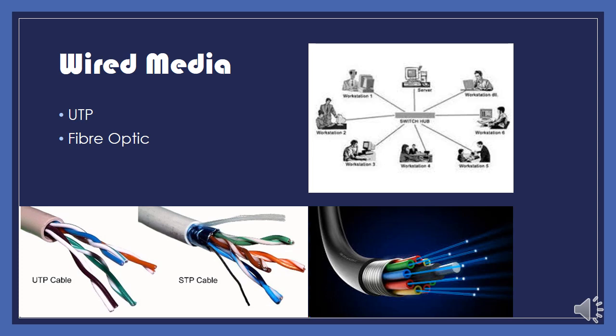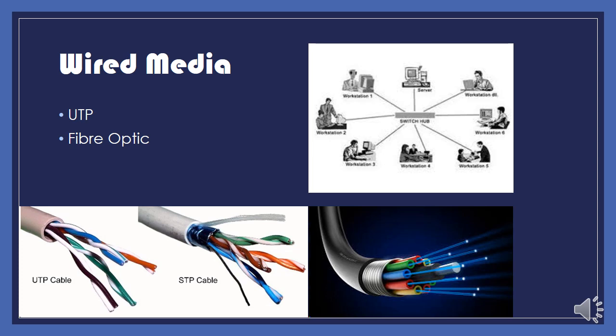So on the wired media side, we have two main types. The UTP, which is like the picture at the bottom left, that stands for unshielded twisted pair. The other picture shows shielded twisted pair, where you can see there's like a silver foil around all the twisted pairs of cables.